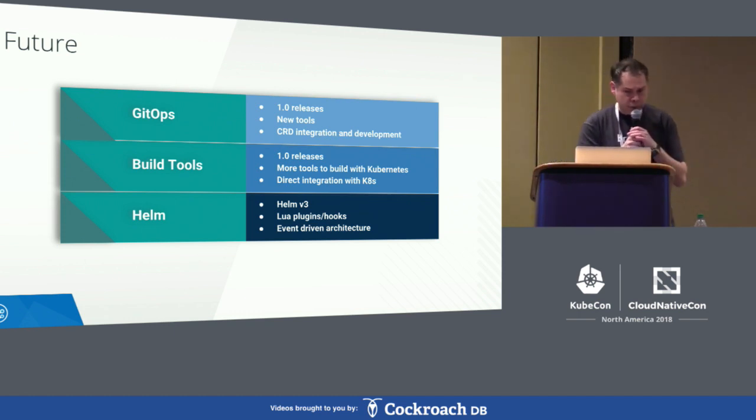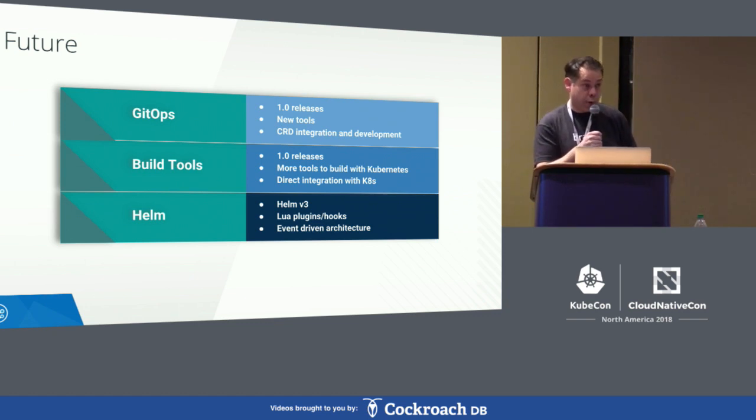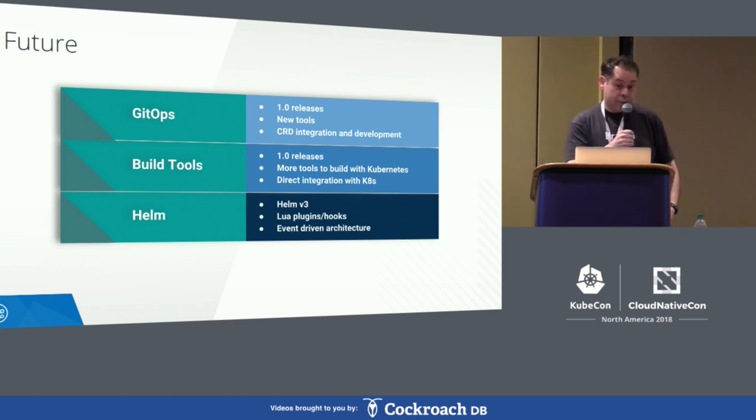In terms of build tools, also the same: more 1.0 releases, a lot of 0.x, and again more tools to build inside your Kubernetes cluster. Maybe having sort of a build CRD in your Kubernetes cluster that allows you to do these container builds.